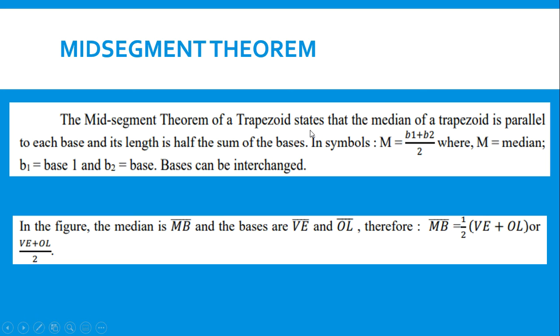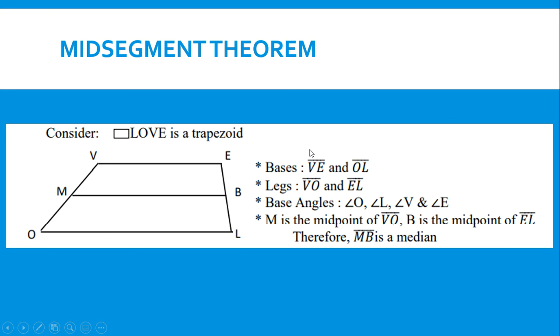Again, first statement, the median of the trapezoid is parallel to each base. Okay, ari na ta sa kadua. Its length is half the sum of the bases. So, if you're going to add the two bases of the trapezoid, like for example, ang measurement sa VE plus the measurement of OL times 1/2, that is equals the measurement of the median MB.